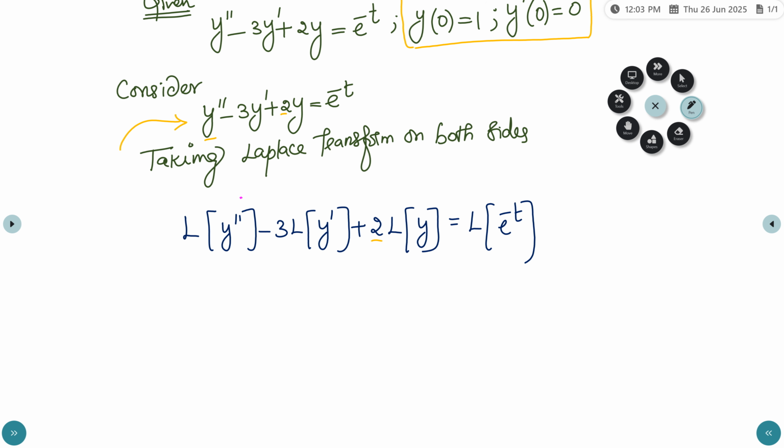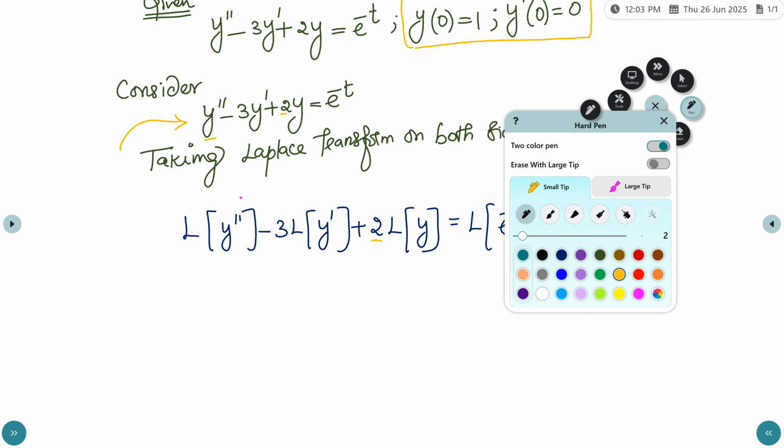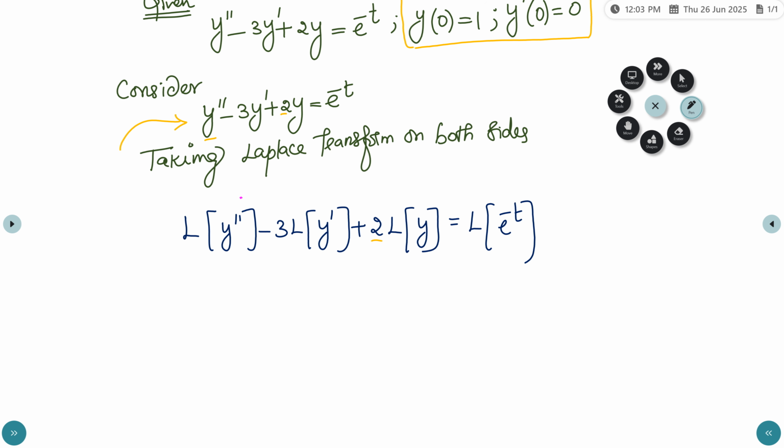What is L of y double dash? I already explained it: s square L of y minus s into y of 0 minus y dash of 0. This is L of y double dash.